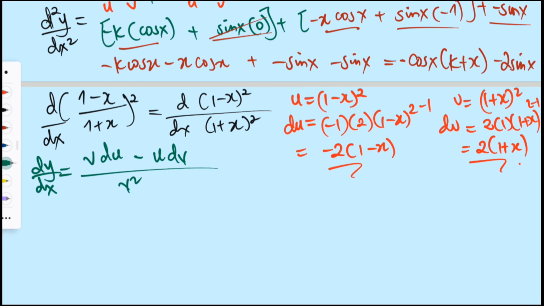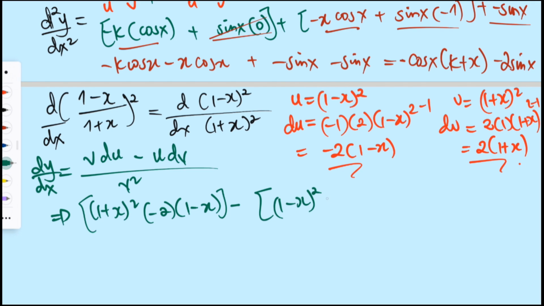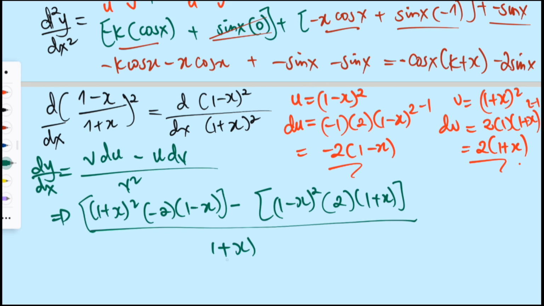Okay, then we would see that dy by dx is actually equal to v, which is 1 plus x all squared, du is -2 bracket 1 minus x, minus, put a huge bracket because you don't want to get some signs mixed up, u dv, 1 minus x squared, derivative of the bottom, so dv is 2 brackets 1 plus x, just like that, all over bottom squared, 1 plus x squared, all this squared.